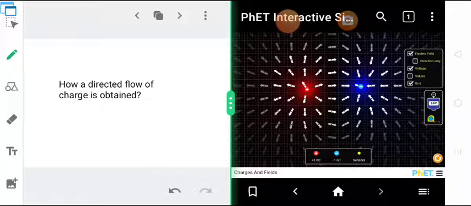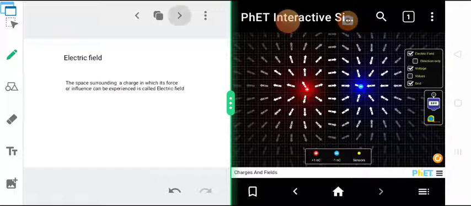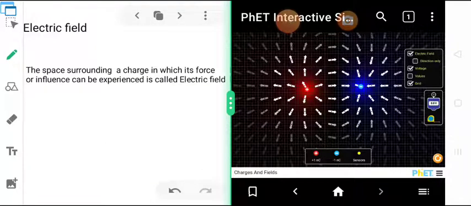So we can understand from this simulation that a charged particle always creates a space around itself where its force or influence can be experienced. That particular region is called the electric field. So electric field is the space surrounding a charge in which its force or influence can be experienced.